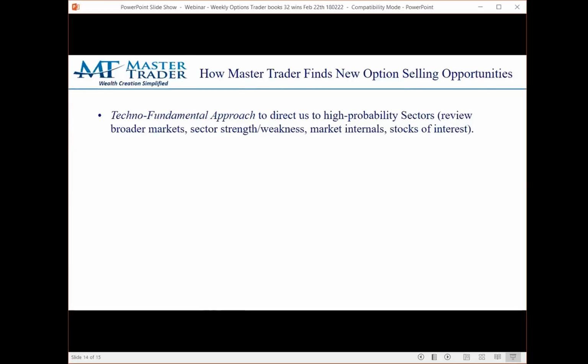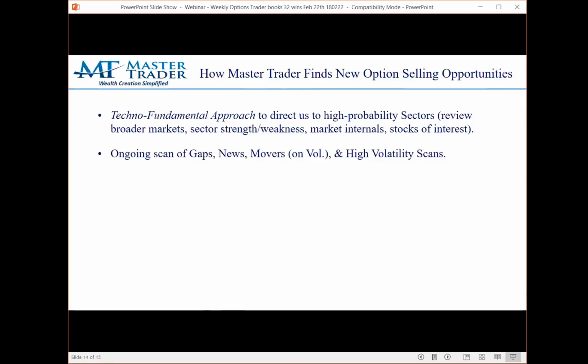Greg coined the phrase techno-fundamental approach. I'll let him talk about it more when he comes on in a second. But we're looking for high probability sectors and stocks to trade, stocks and options. But for this webinar, it's options. So you start with the broader markets, then the sectors, market internals, stocks of interest, then throughout the day, and Greg has great scans, which he's going to show you a couple of them right now.